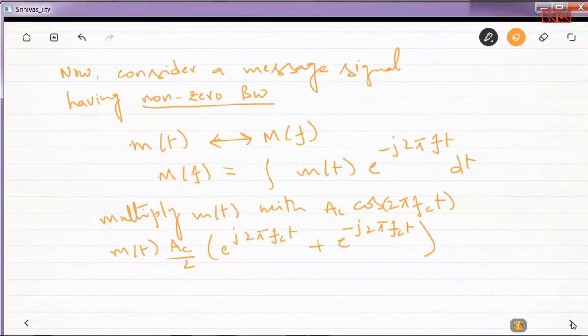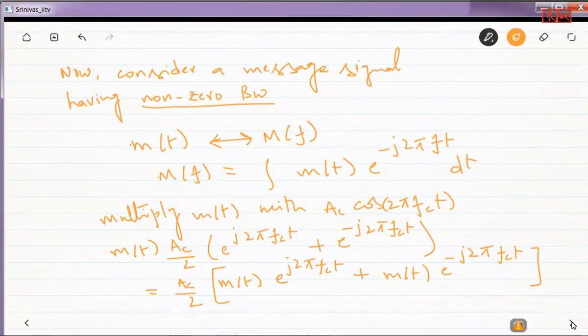This is the multiplication, correct? Then this is equivalent to Ac by 2 m of t e power j 2 pi fc t plus m of t e power minus j 2 pi fc t. Correct. Now let's take the Fourier transform of this.